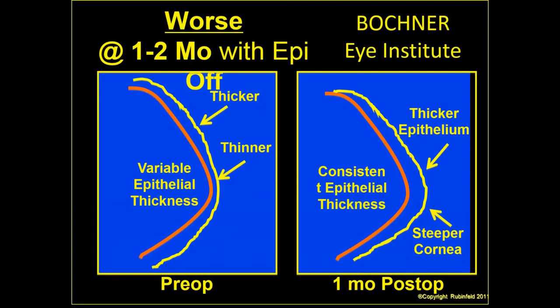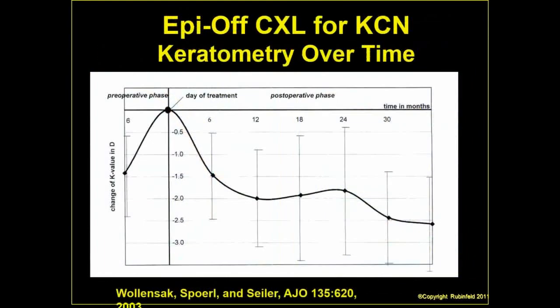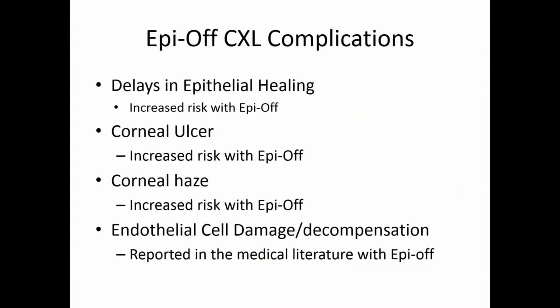But then that eventually thins out over time and gets back to normal over the course of a year. So even at 6 months to a year, you'll see flattening with epi-off crosslinking, but it's not immediate. Now this just shows changes over time of epi-off crosslinking, and you can see that at 6 months you get some flattening, at 1 year there's more flattening, and at 3 years there's more flattening than at 1 year. And this is something that we typically see at our center as well.